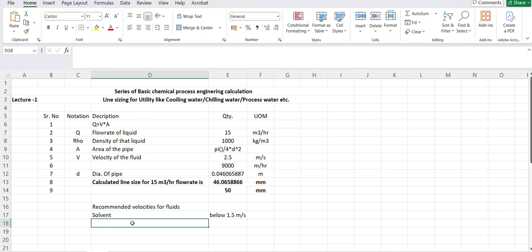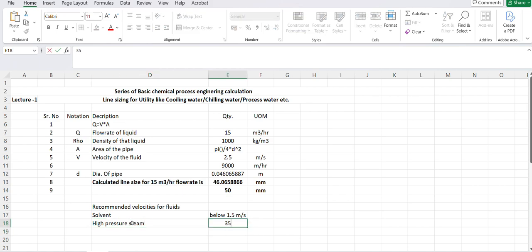For high pressure steam, you have to consider 35 to 40 meter per second.